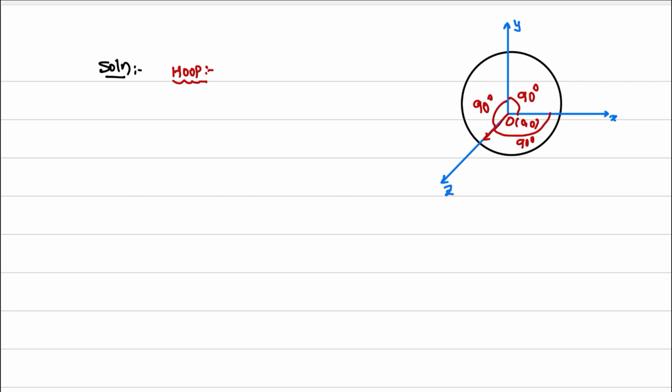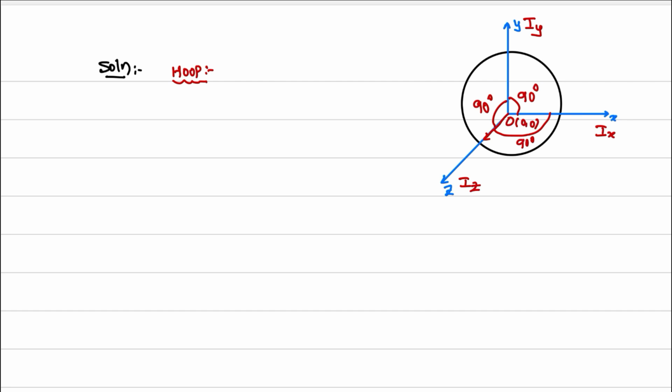Please see them. Now, Iz refers to moment of inertia about the z axis. Ix refers to moment of inertia about the x axis. Iy refers to moment of inertia about the y axis. We consider the xy plane and perpendicular to the xy plane is z.